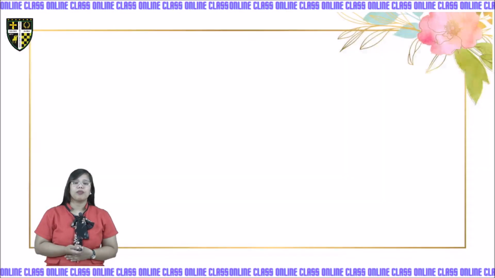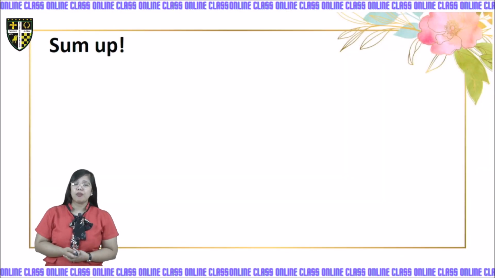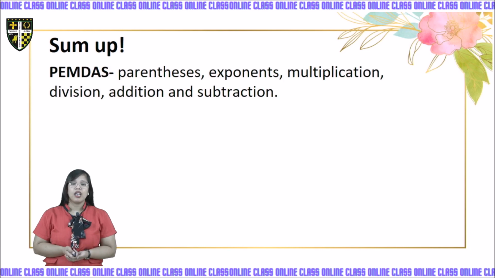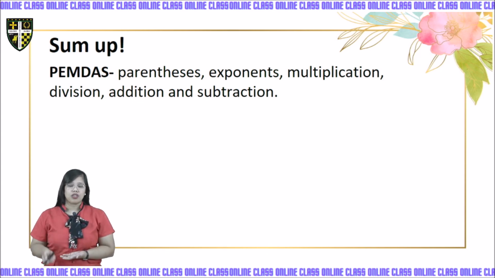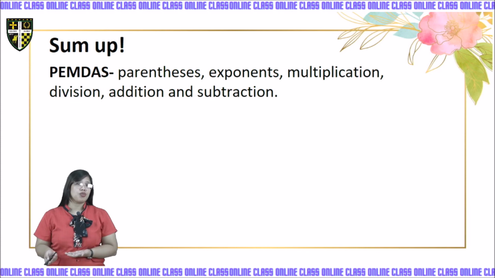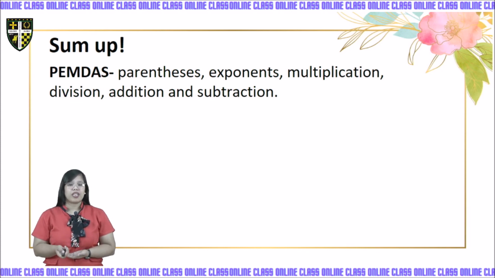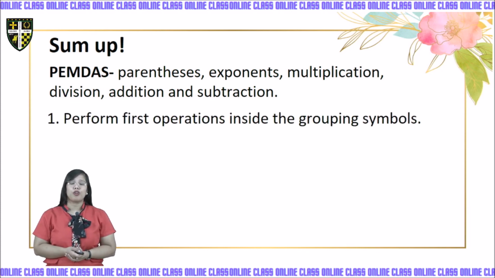Very good. So, let's sum up all our lesson for today. When we are talking about PEMDAS, it means parenthesis, exponent, multiplication, division, addition, and subtraction. We have a procedure in doing PEMDAS. First, we need to perform the operation inside the grouping symbol or the parenthesis.